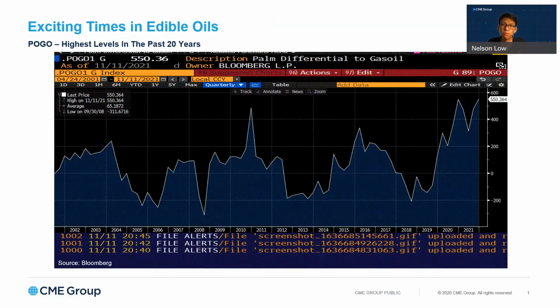So there's two really very big spread trades that traders look at, and they look at what is known as POGO, P-O-G-O, which is the palm oil gas oil spread. And they also look at what is known as the POBO or BOPO, the palm oil bean oil spread. I'll talk about the first one first. The first spread, POGO, quickly here, and just to give you a bit of an overview.